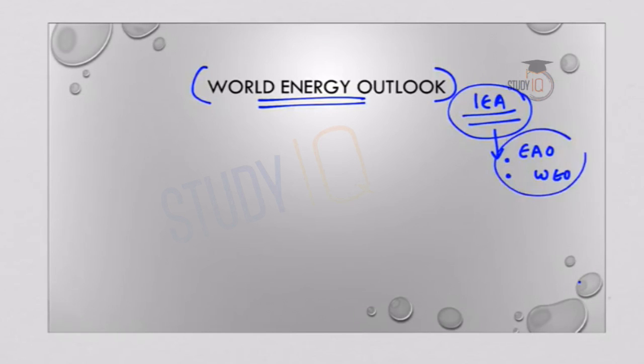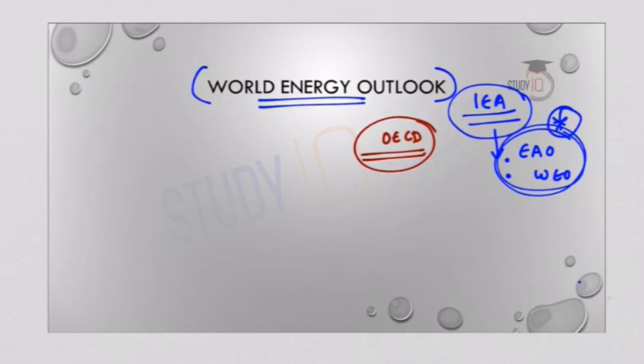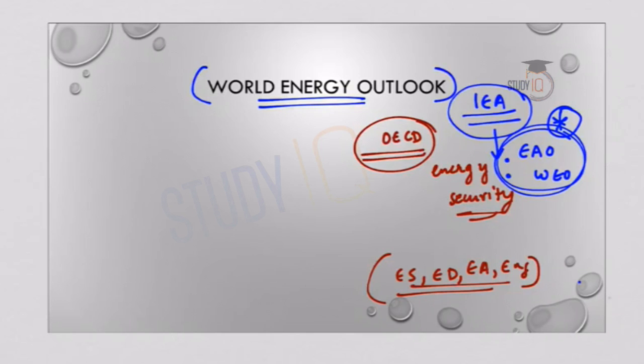So these are the two important publications of International Energy Agency, and it is an autonomous agency, and this is created as per the framework of OECD, that is Organization for Economic Cooperation and Development, and it seeks to promote energy security among the member countries. The 4 focus areas of this report include energy security, economic development, environmental awareness and engagement worldwide. And India is an associate member to IEA or International Energy Agency.